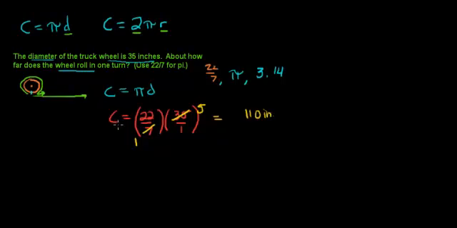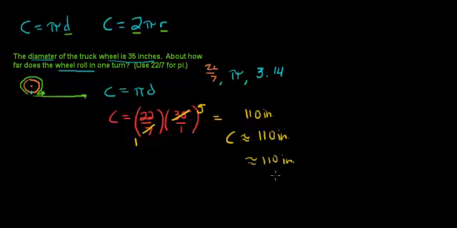So the circumference is approximately, and I used equal signs here and I probably shouldn't have, but the circumference is approximately 110 inches, which means the distance it rolls is about 110 inches.